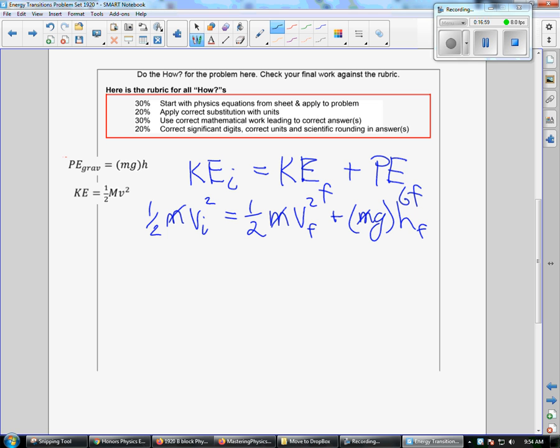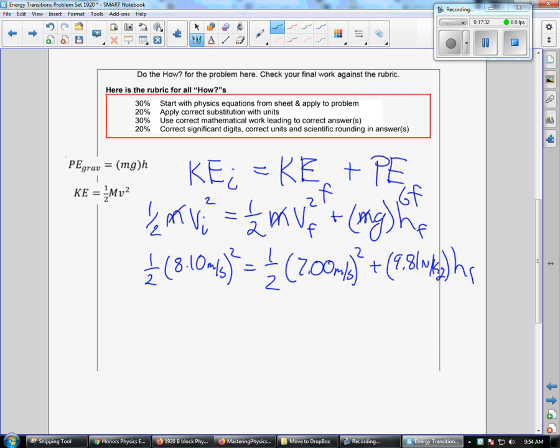And now I just substitute in, right? 1/2, mine was 8.1 meters per second, equals 1/2, 7.00 meters per second, plus this planet is 9.81 newtons per kilogram, and then h, because it's always good to have a variable when I want to solve for something.